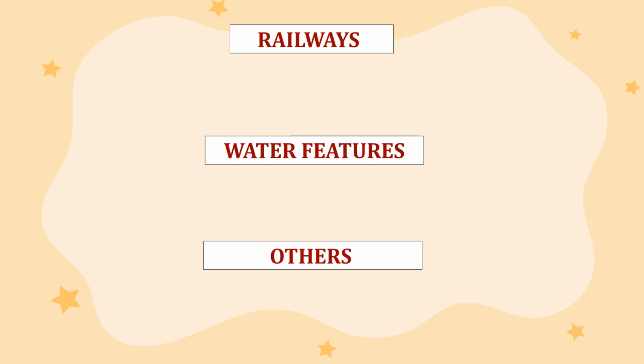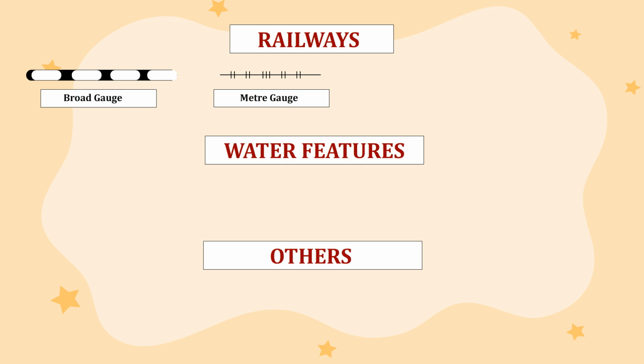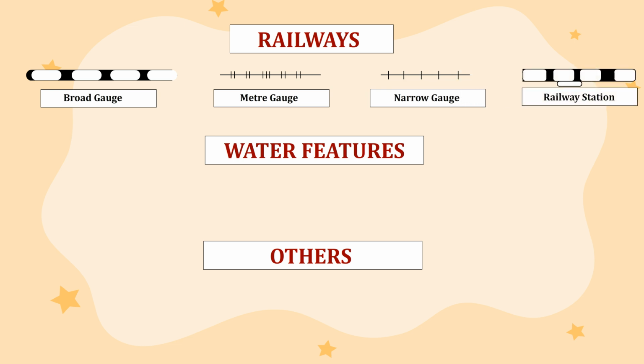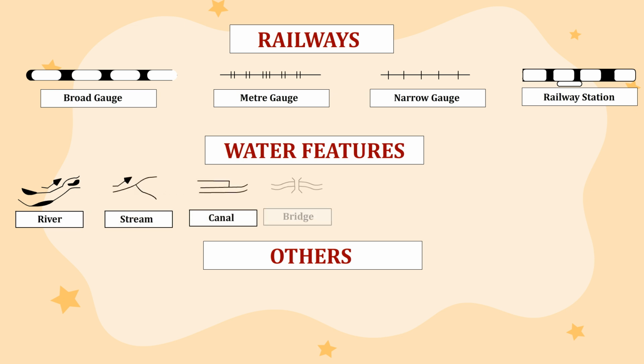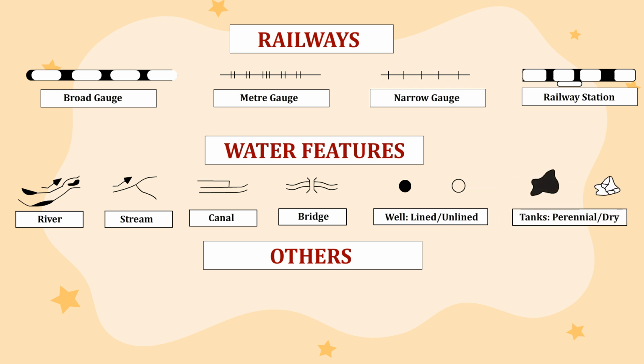Railways: broad gauge, meter gauge, narrow gauge, railway station. Water features: river, stream, canal, bridge, well (lined, unlined), tanks (perennial, dry).